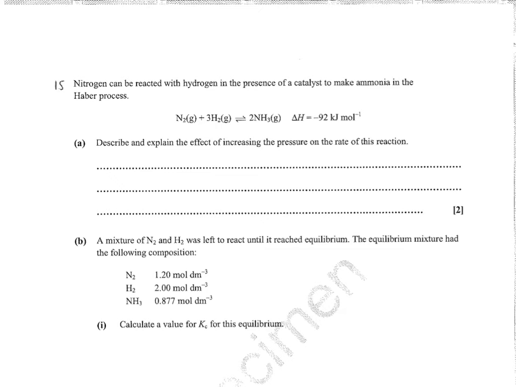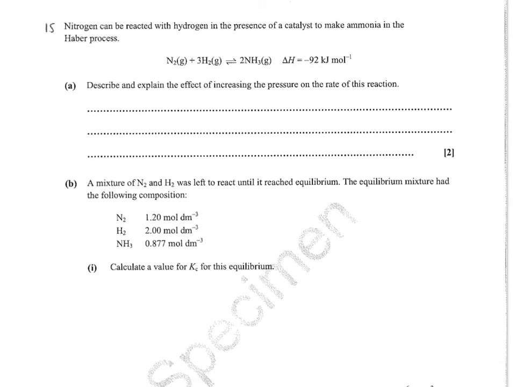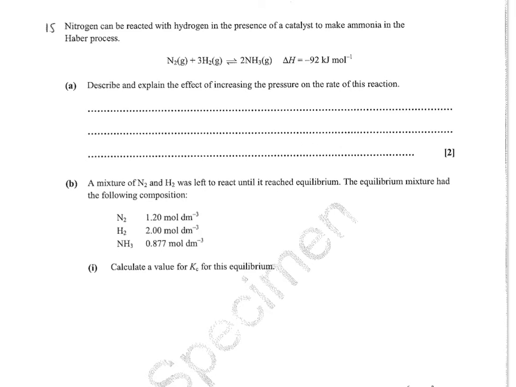This next one is about the Haber process, and you can see clearly what we're talking about. Increasing the pressure on the rate of reaction. Now, I'd like to point out at this point that it's on the rate of reaction, and you're probably used to thinking of the Haber process in terms of the equilibrium.